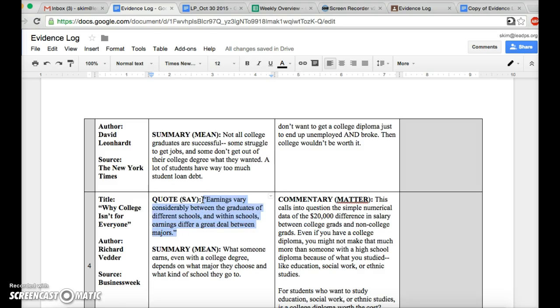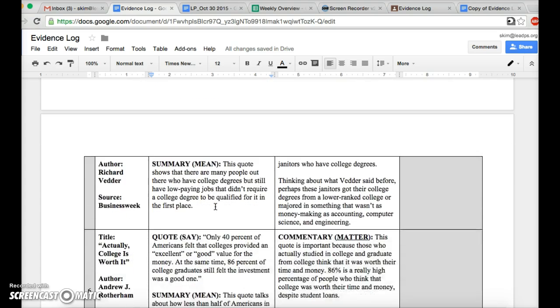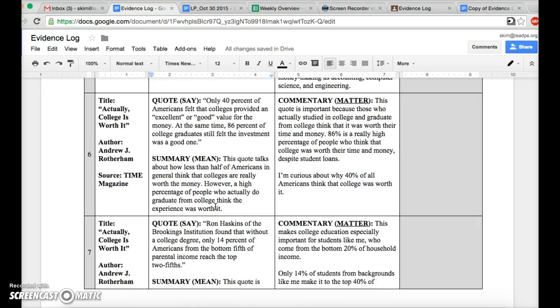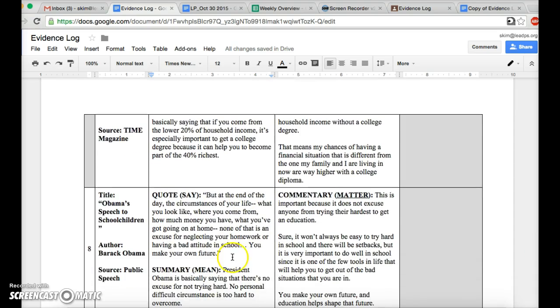It's not numerical data, but it's another perspective. We've also got an expert opinion right here from President Obama. So you want to make sure that you don't just have numerical data, but as much as you can, that you have expert opinions, textual evidence, and anecdotes if you can.